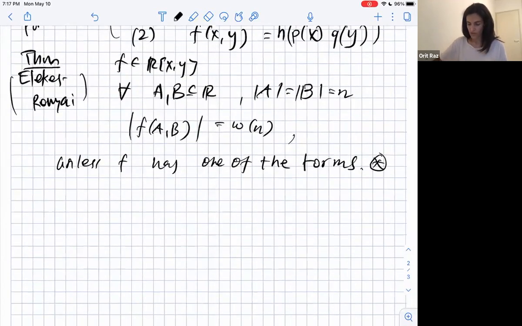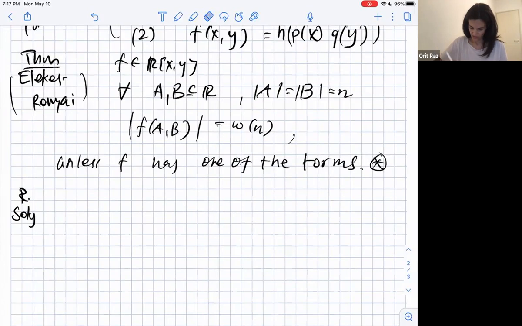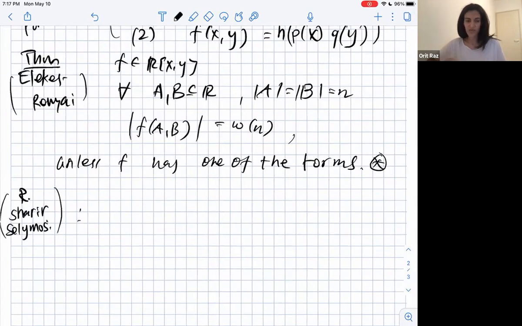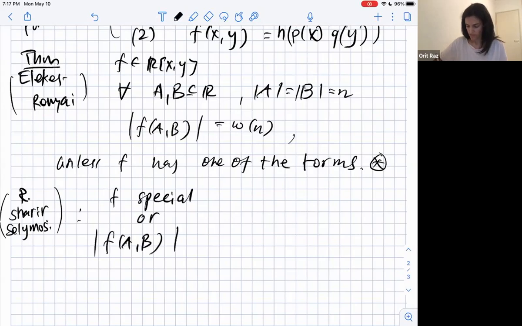So they showed omega of n, and in later work, jointly with Joseph Solymosi, who is here, and Micha Sharir, we reproved this result, and we showed that instead of little omega of n, one can show that either f is special or the image of f of A times B is at least some constant times n to the 4 over 3.